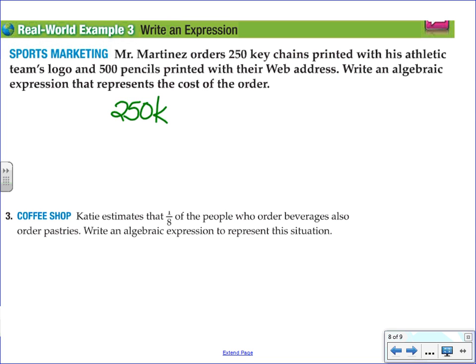We let K represent the price of a keychain, and he ordered 500 pencils, so we let P be the price of a pencil. Those two added together will represent the total cost of the order. So there we have an expression for that marketing problem.